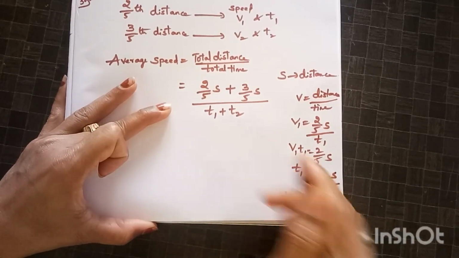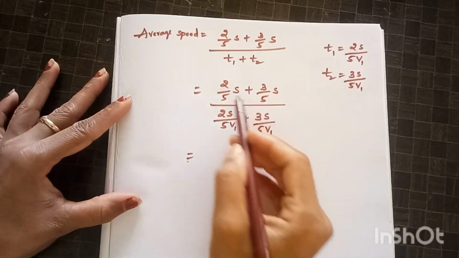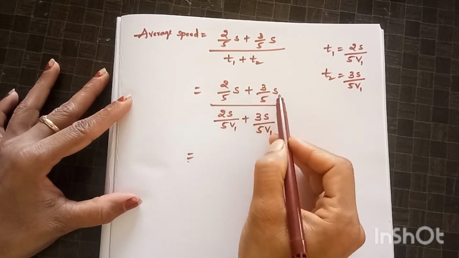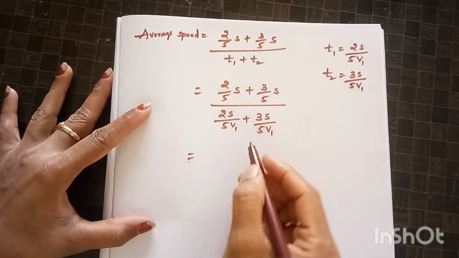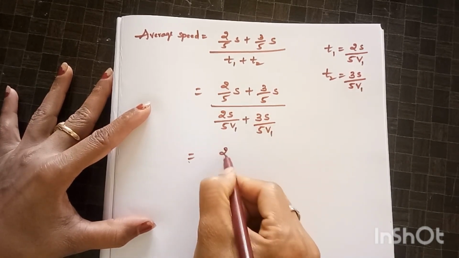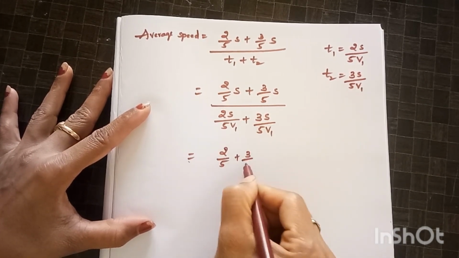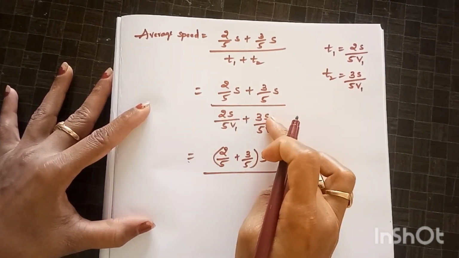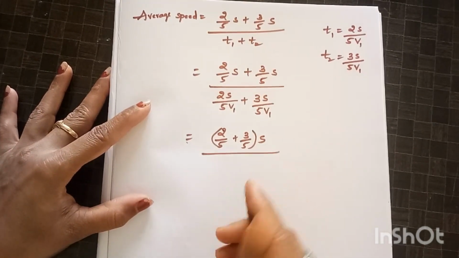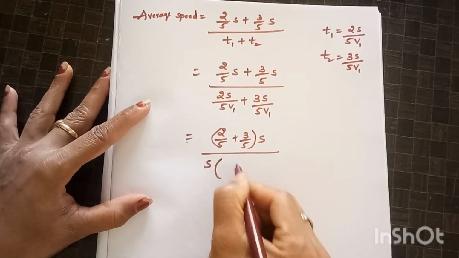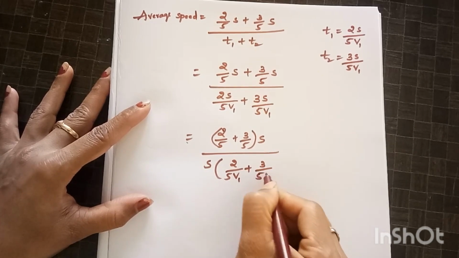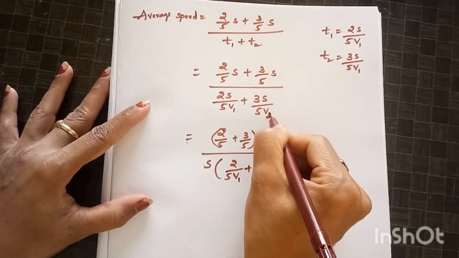Substitute these two values in t1 plus t2. In the numerator we have the common term s, so take s as common: (2/5 plus 3/5) of s by, in the denominator also we have the common term s, so s is equal to 2/5 v1 plus 3/5 v2.